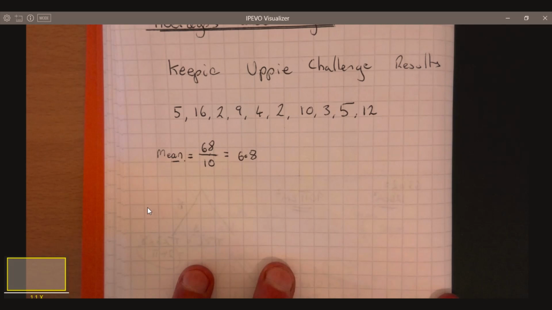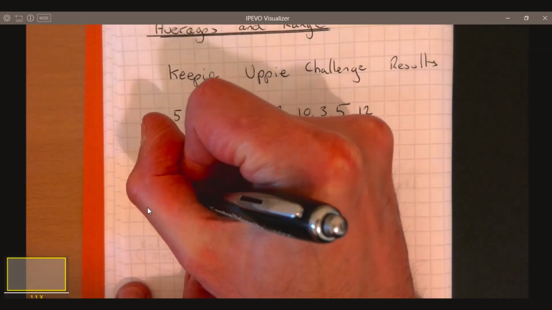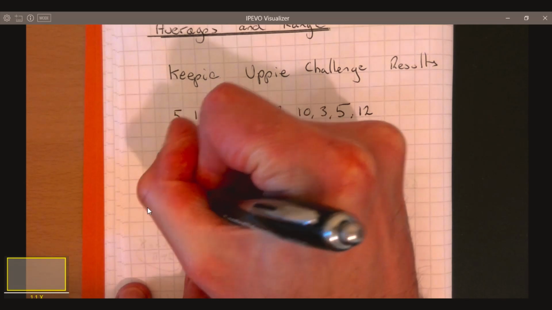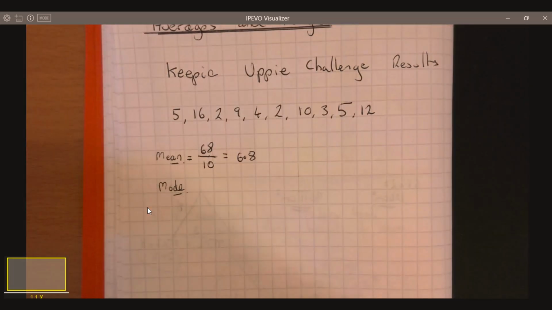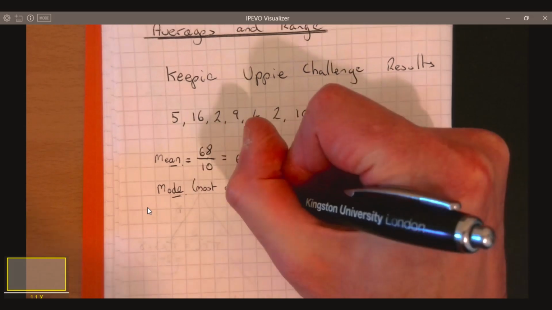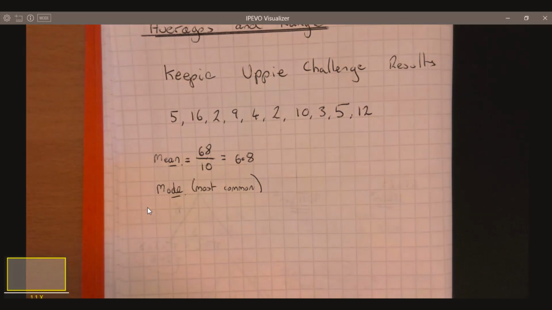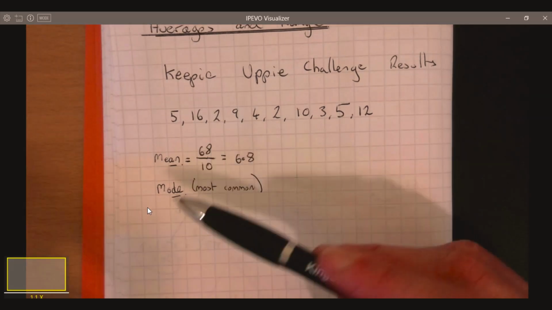So let's have a look at the other types of average. So the next one is the mode. And the mode is just looking for the most common. So which one appears the most?